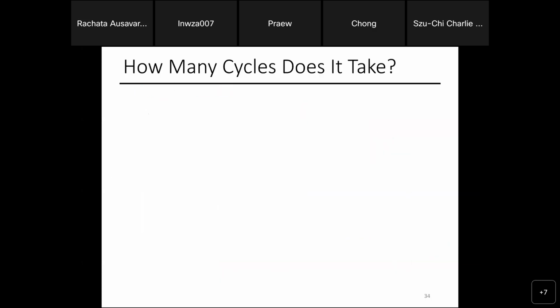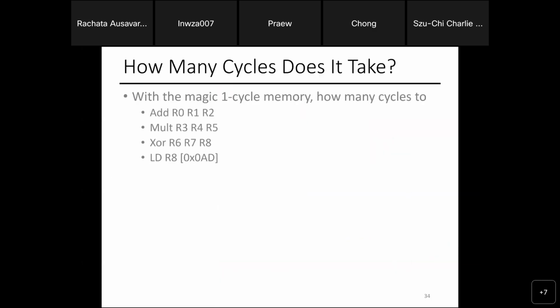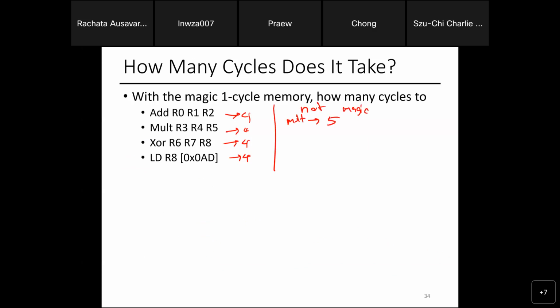Okay, so let's say you have to do all of this, right? And have the magic 1 cycle memory. This would take 4, 4, 4, and 4. It just happened that if you follow the diagram, everything takes the same. Now it is not magic. Let's say multiply: the ALU for the multiply takes 5 instead of 1 cycle.